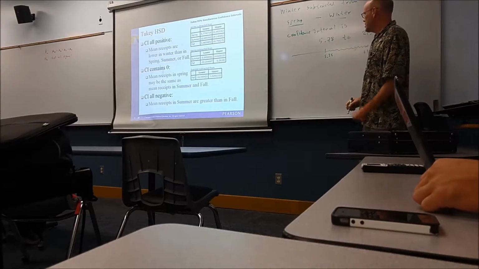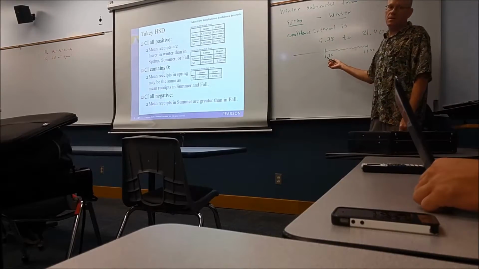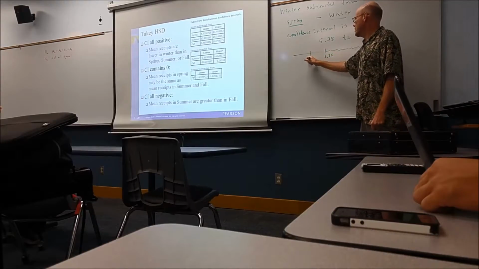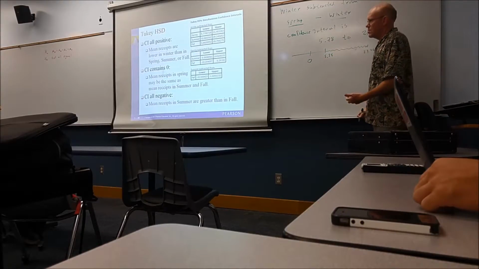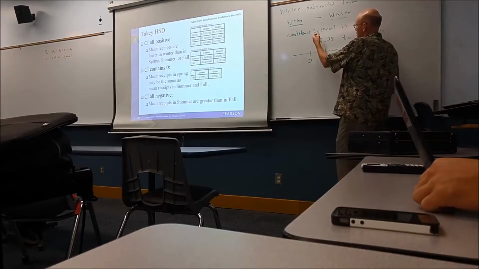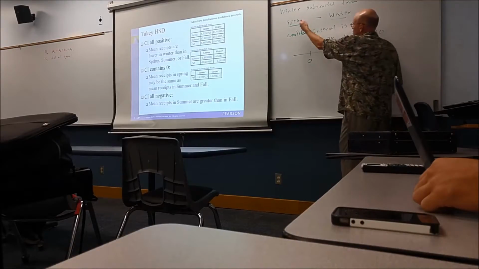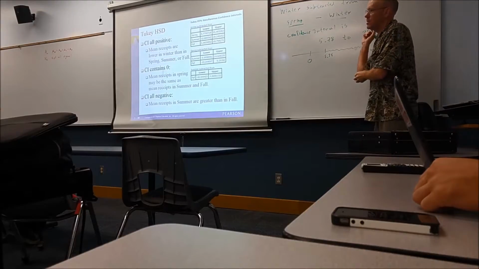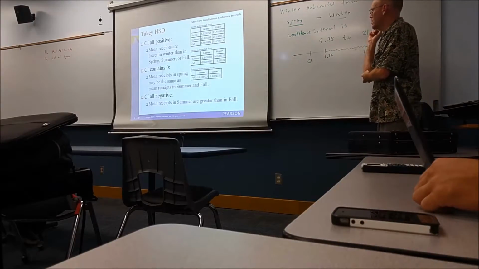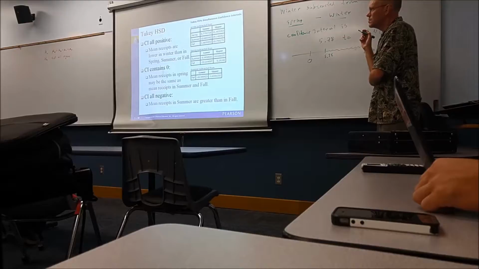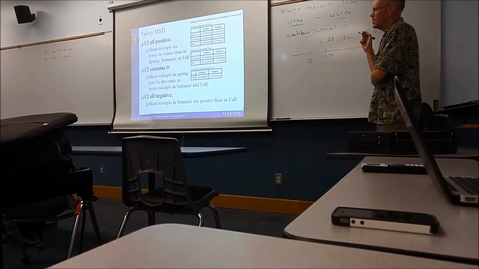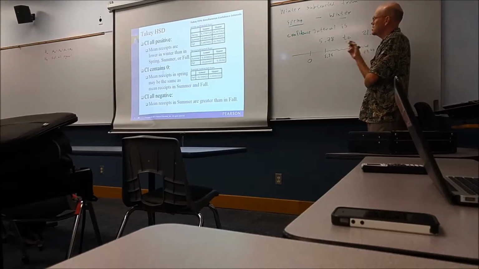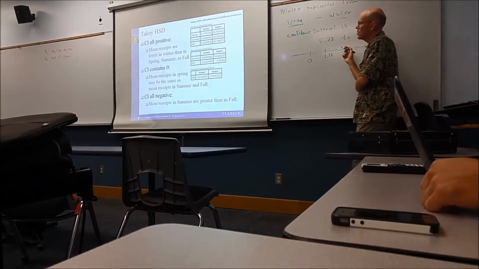And where's 0? To the left. So any of these numbers in here, you're going to have spring minus winter being positive. That means spring is larger than winter. So spring is significantly larger than winter.